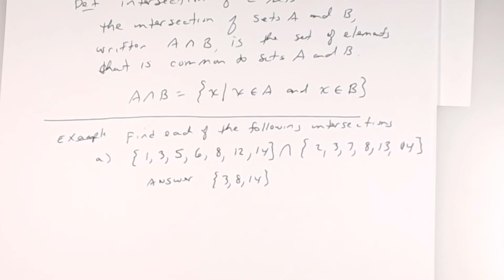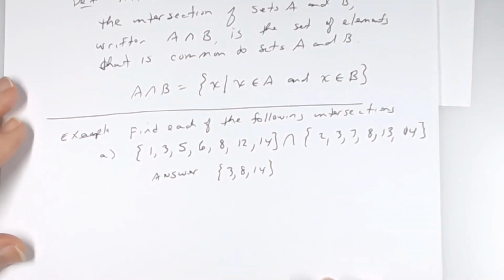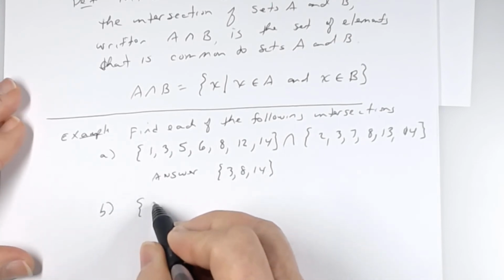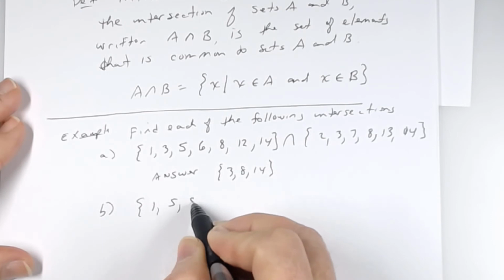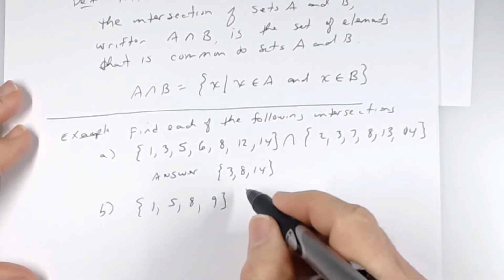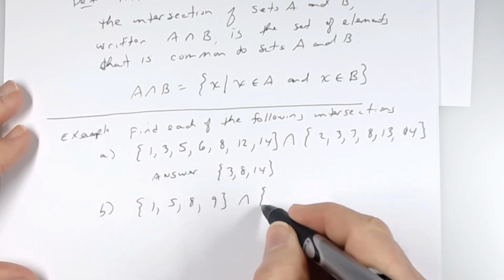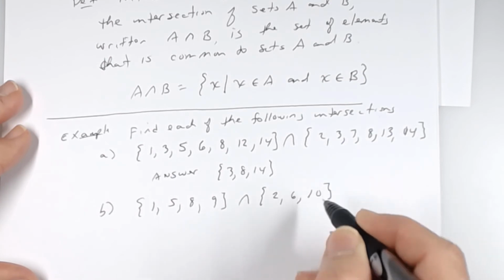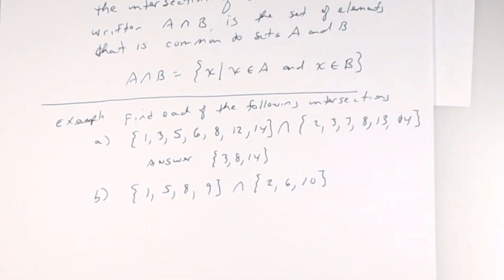Okay, B. 1, 5, 8, 9. There's your first one, and you want to intersect it with the other one: 2, 6, 10. 1, 3, 5, and 9.